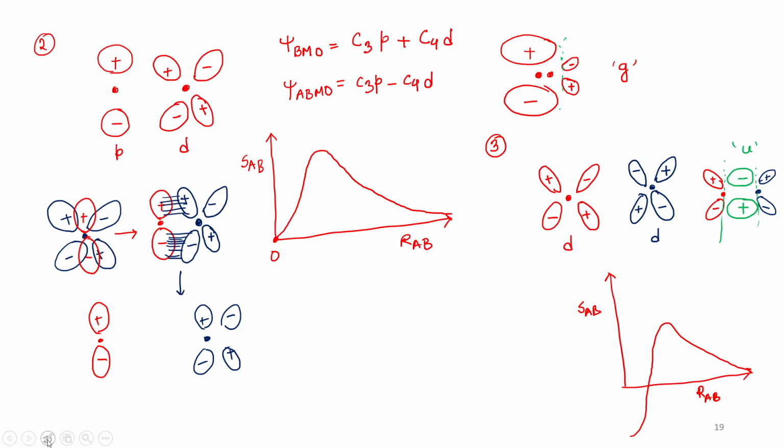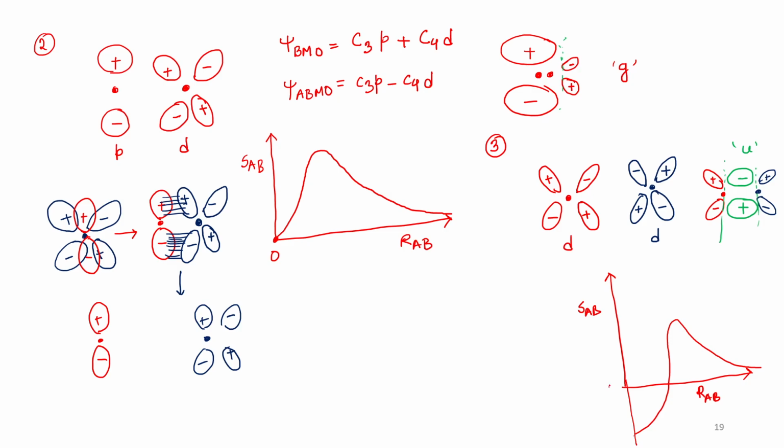Let me redraw it because I messed it up. Maybe I can use negative. It will start from here, then increase at some point, then decrease again. It will look something like this.